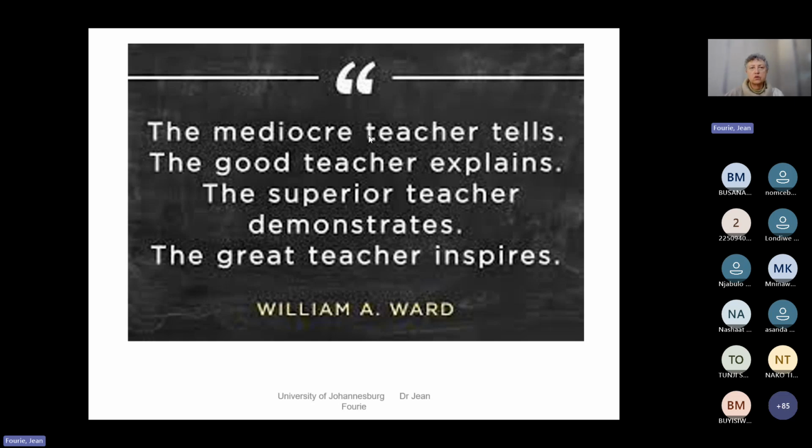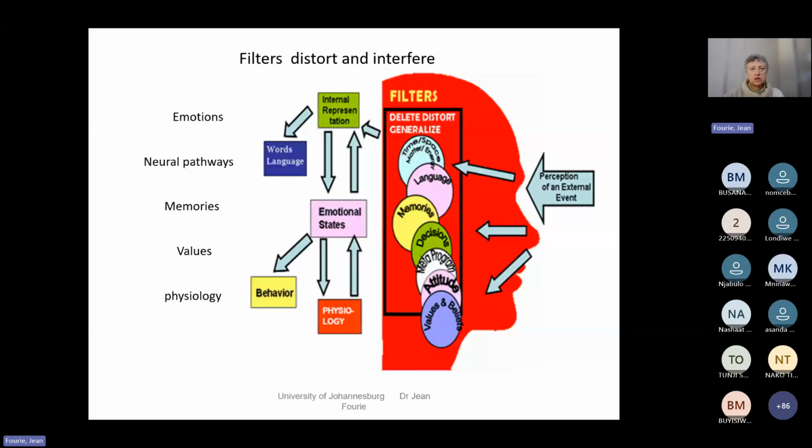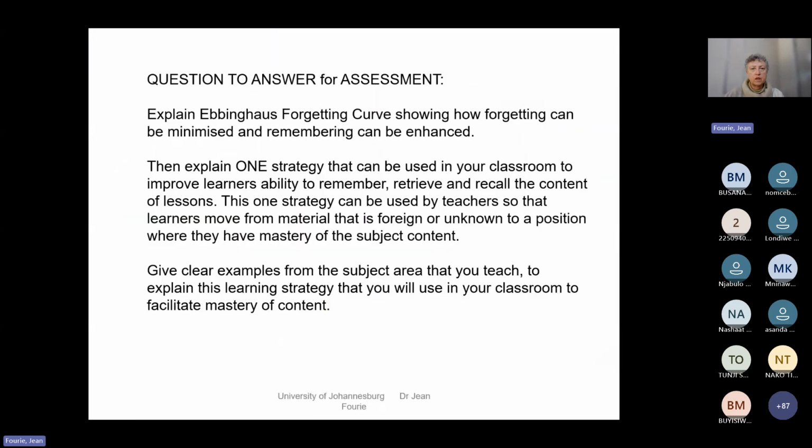That assignment will then be due the week after that. Okay, so let me go back to the question just to remind you. The question for this unit is: explain Ebbinghaus's forgetting curve, showing how forgetting can be minimized and remembering can be enhanced.